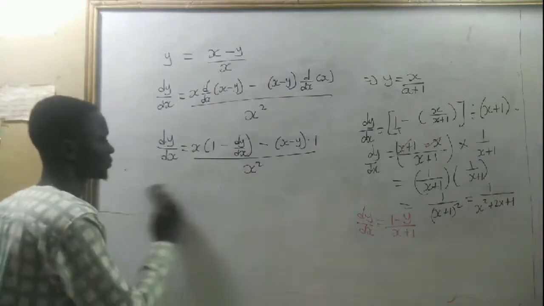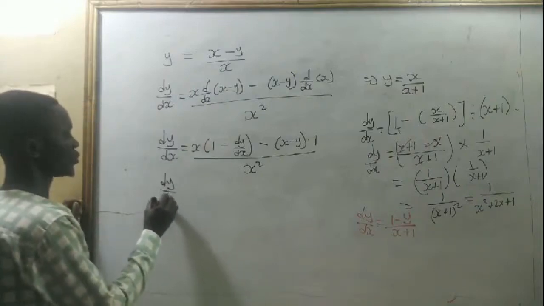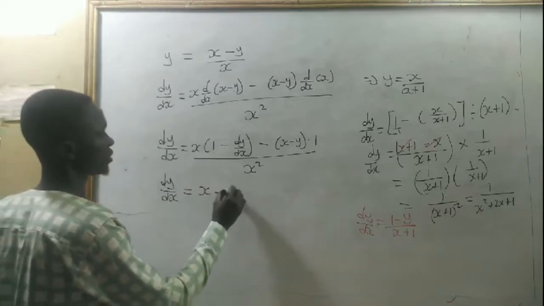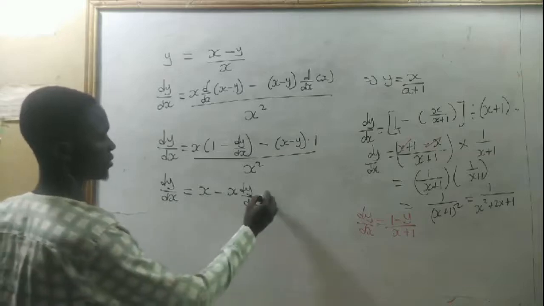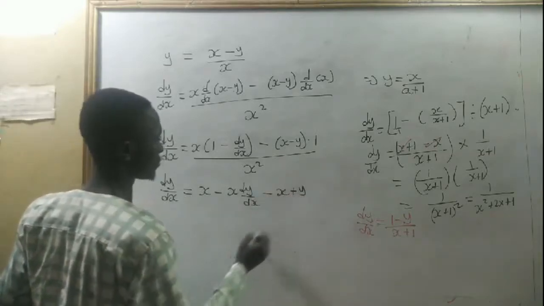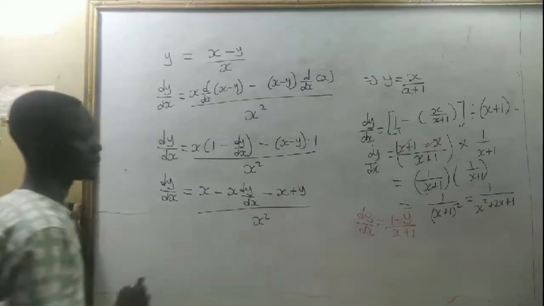Now let's see. Here we are going to have the derivative of y with respect to x equal to x minus x dy on dx, minus x plus y, all divided by x squared.